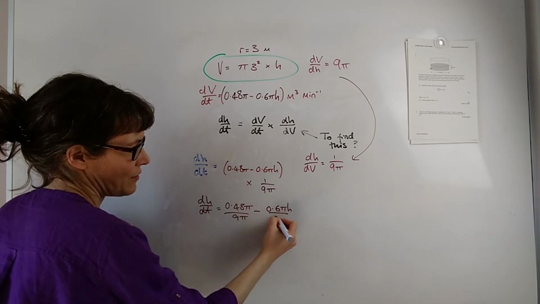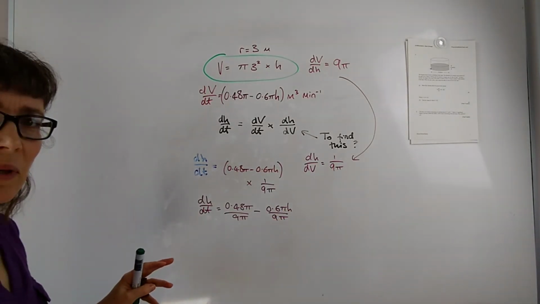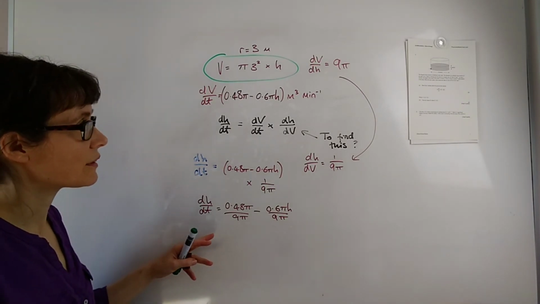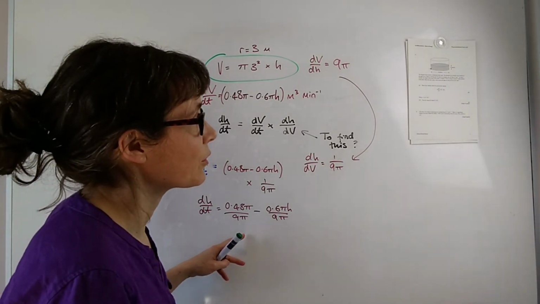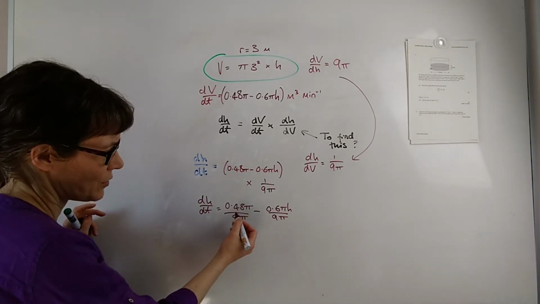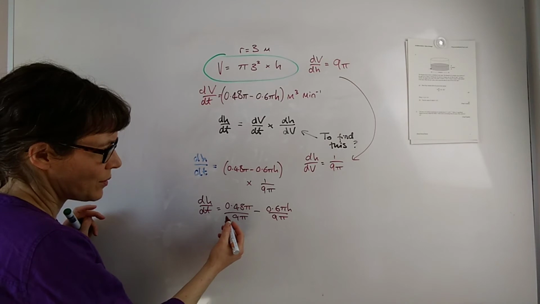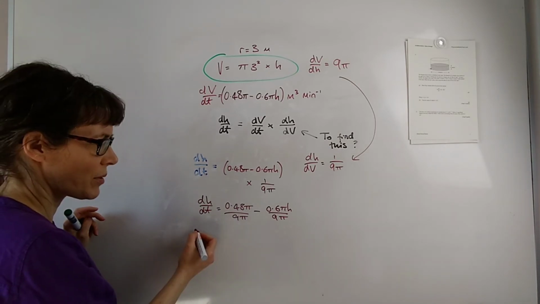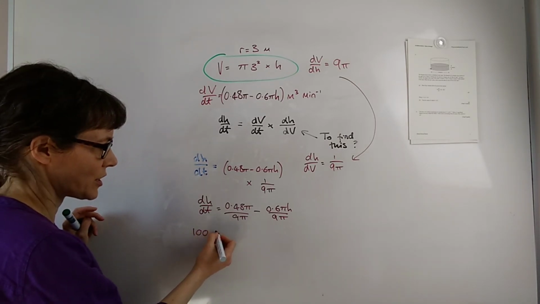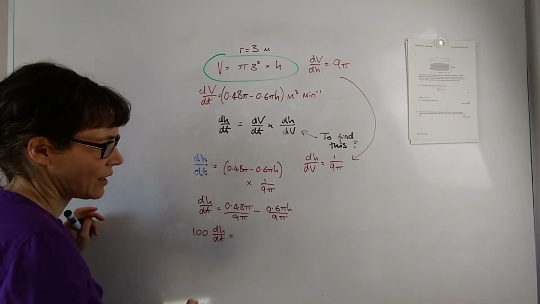If I were to multiply by 100 if I wanted, there's a bit of mucking about here. If you do get stuck on this bit, maybe you've done some of it and got stuck with this bit, do try to get there, but don't waste too much time on it.